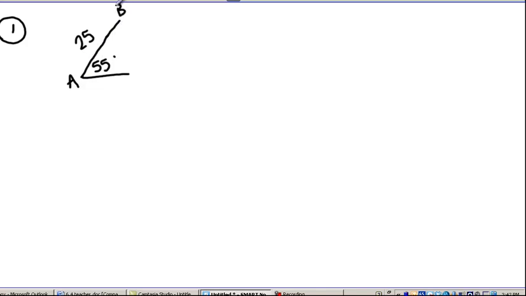Let's name this B. And say we have 7 here as A, and here's C, B. We don't know what the angle of C is, we don't know the angle of B, and we know 25 is C. So we're going to use the law of sines.